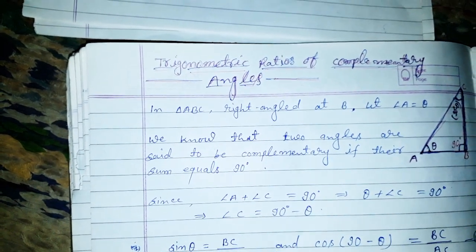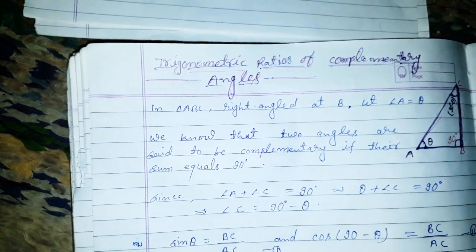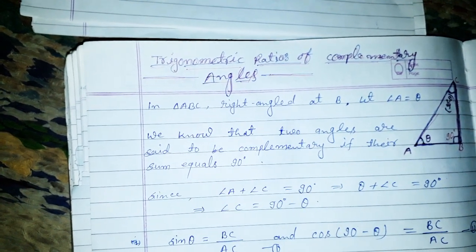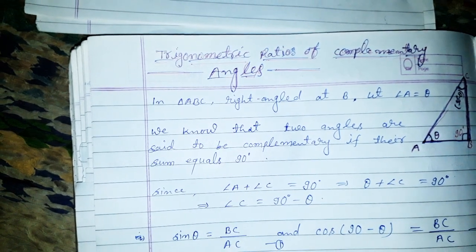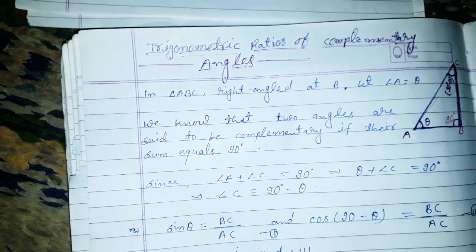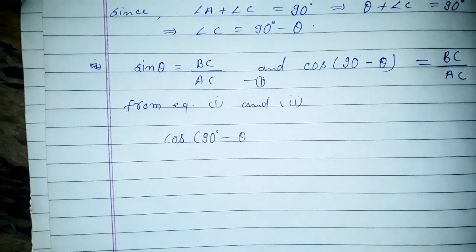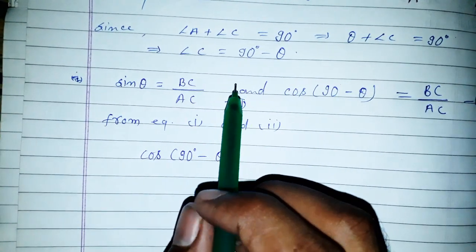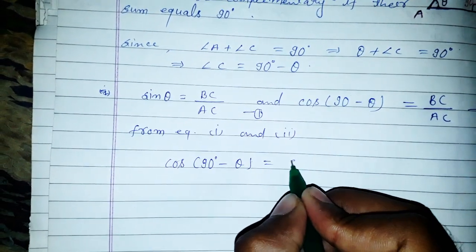Now from the first and second equations, cos 90 minus theta is equal to sin theta.